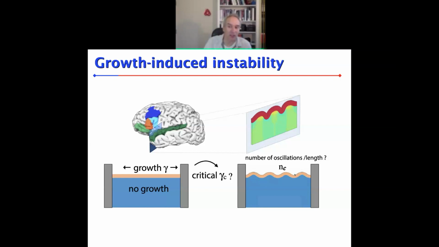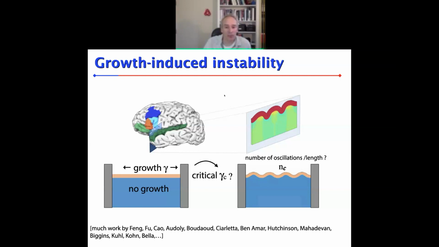And we believe that this oscillation is the onset of wrinkling. Much work has been done in biology, biophysics, mathematics, and engineering about this. It has a lot of applications in material science, the wrinkling of bilayers, but also in biology.